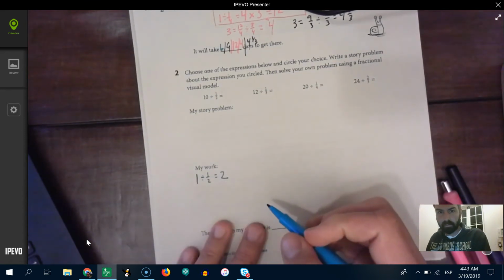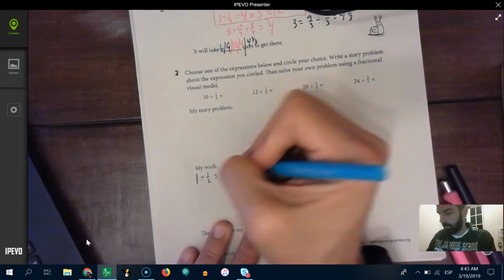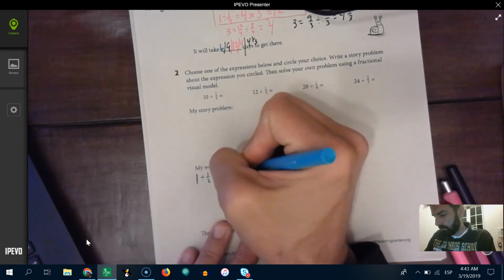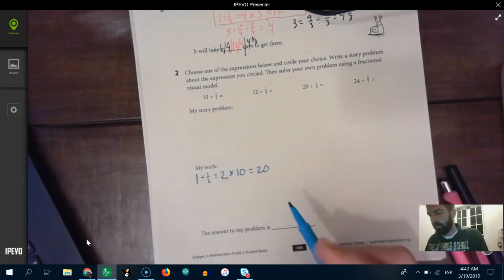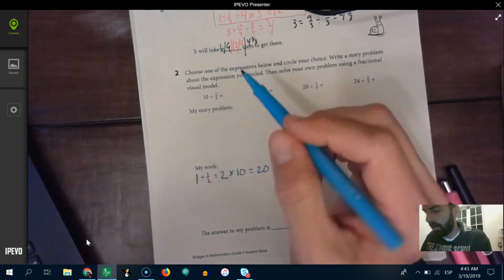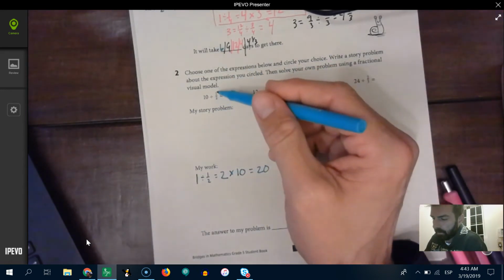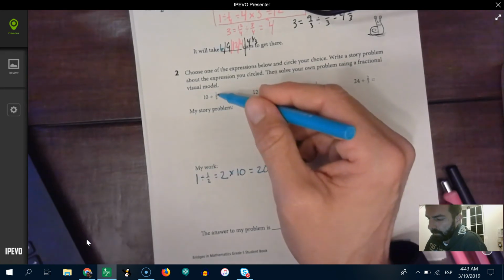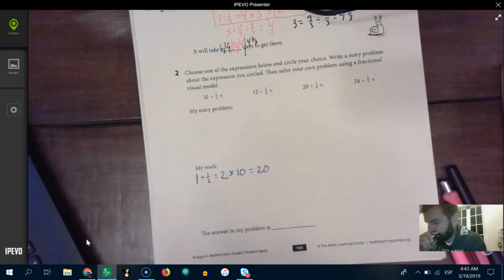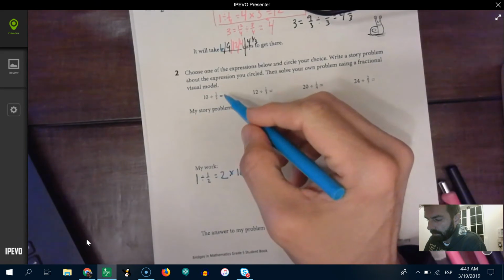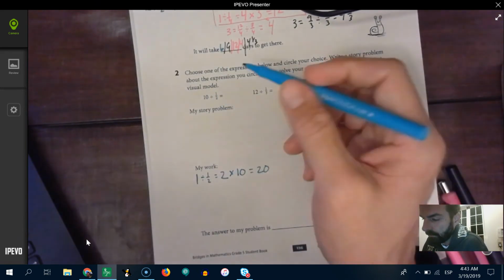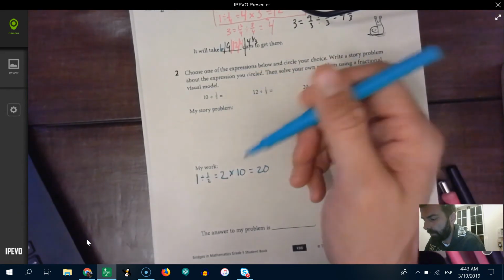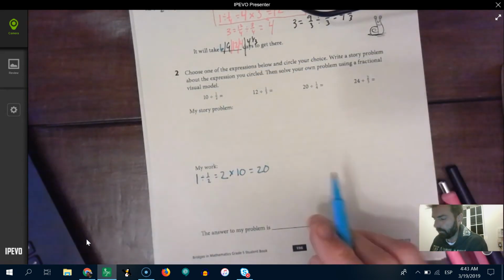There are 2 halves in 1, and if I'm looking at 10 of those things, then I'm going to have 20. So you could say it takes a snail 1 day to go half a mile. How many days will it take him if he needs to go 10 miles, going half a mile per day? Something like that.